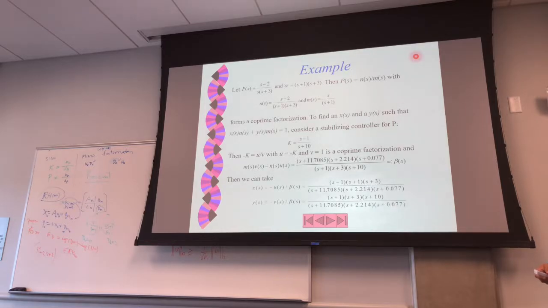We assume we have a common factor like s plus 1. So what I do is N and M, so N divided by M, or N, M inverse.